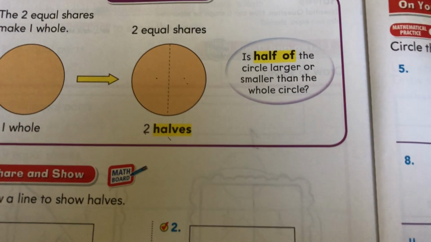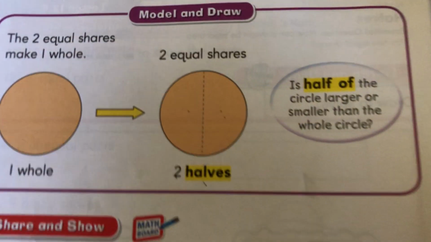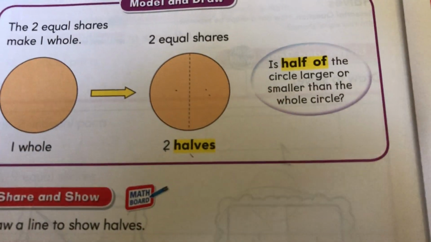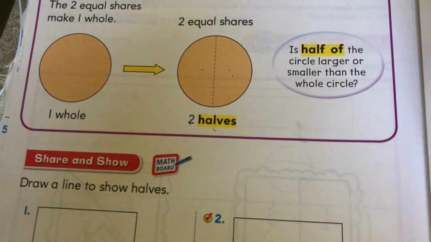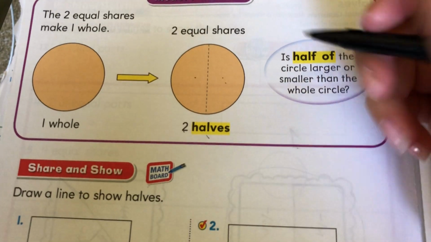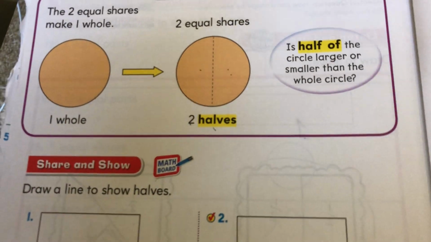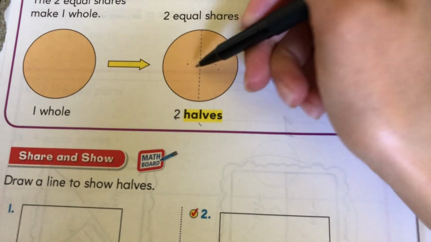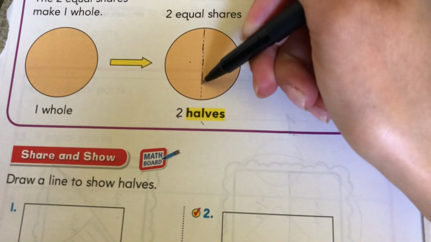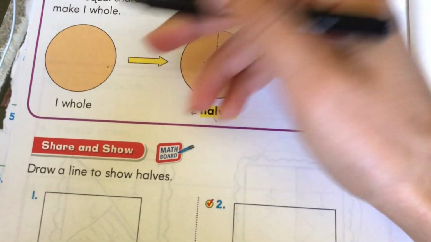Is half of the circle larger or smaller than the whole circle? Well, okay, I always like to talk about food, you know that. Let's talk about pizza. Say you have a pizza here, and say you're really hungry, and you wouldn't get a stomach ache, okay? And I ask you, Owen, do you want a whole pizza or a half?